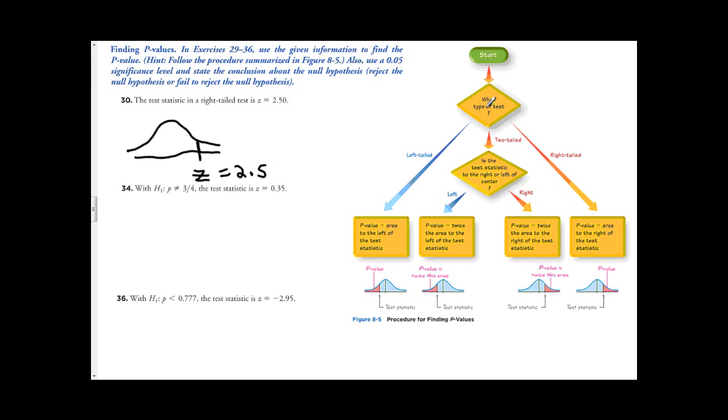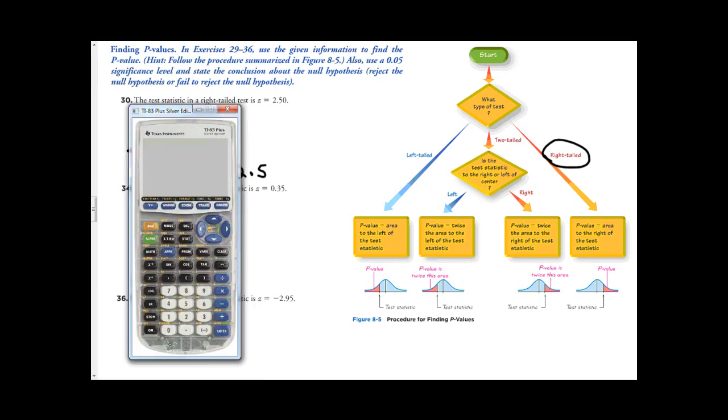Start here. What type of test? Well, this test is a right-tailed test. So we follow this one, right-tailed. The p-value is the area to the right of the test statistic. So we're looking for this area over here. So all we have to do is find the area to the right of 2.5 on the standard normal distribution.